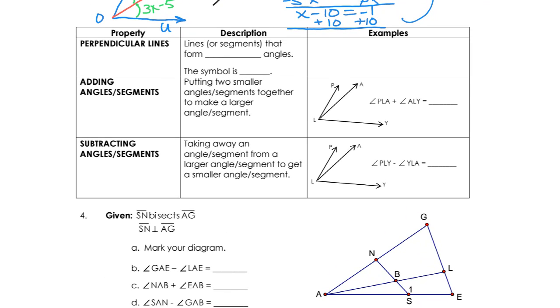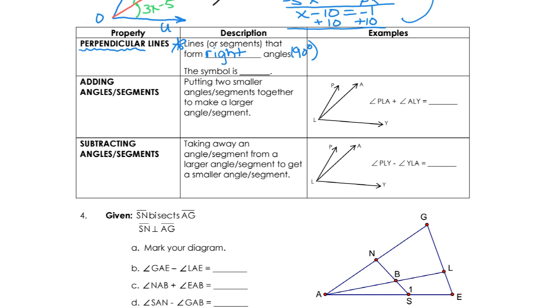We have a couple things here in this table, and the first thing in this table is perpendicular lines, and this is a word you're going to hear all year long, and you have to know this. They are lines or segments that form right angles, which remember are 90 degrees.